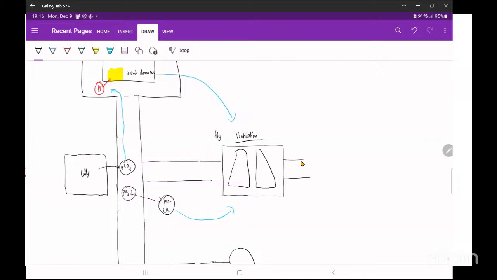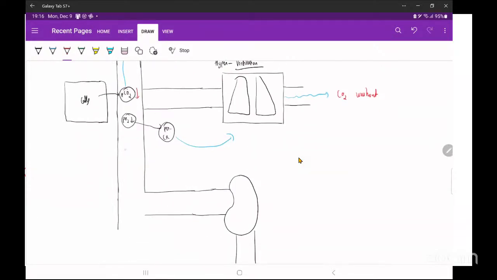resulting in hyperventilation. When the respiratory rate increases, one of the things that happens as a result is your CO2 goes away. Now the CO2 is falling. You're hyperventilating, hyperventilating, hyperventilating.